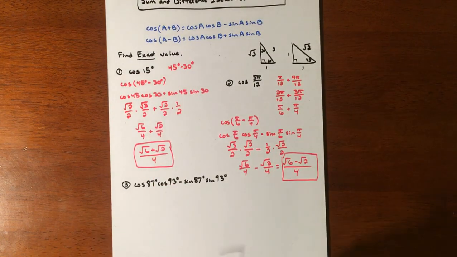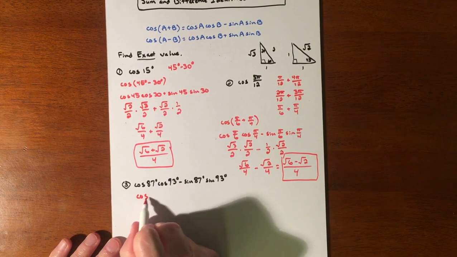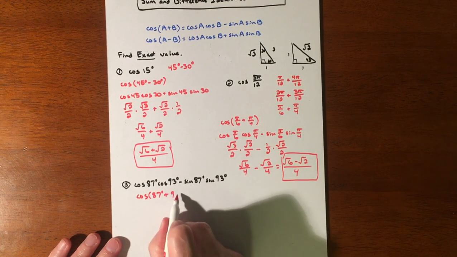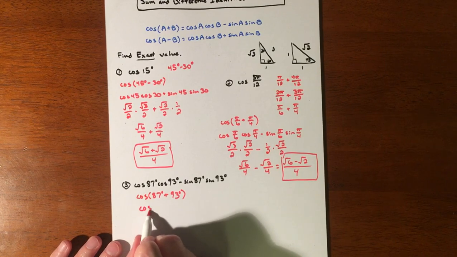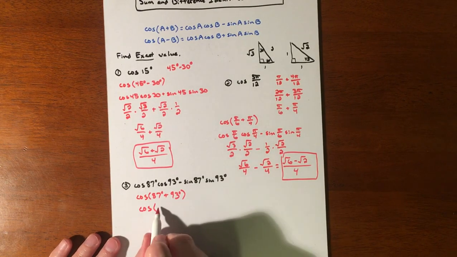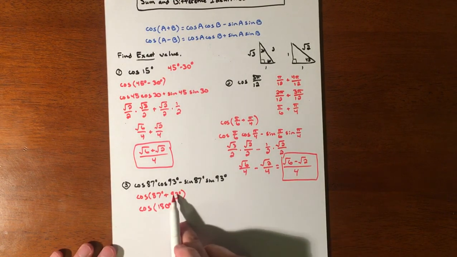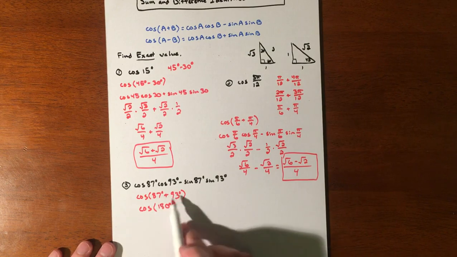So we could rewrite that as cosine of 87 degrees plus 93 degrees, which is really cosine of 180 degrees. And it's not at all a coincidence that when you put these angles back together, it's going to turn out to be something nice, whether it's in degrees or radians.